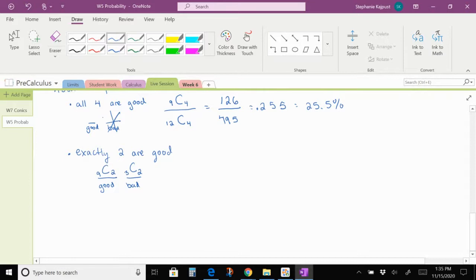It's a counting problem where you're multiplying your choices here. To get our probability, it would be 9 choose 2, times 3 choose 2, and then we still have our total of 12 choose 4 at the bottom. So you're looking at, okay, how many ways do I have to get good ones? How many ways do I have to get the bad ones? And then you're multiplying those together.